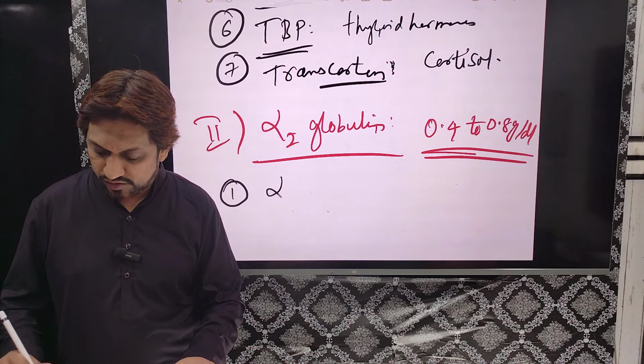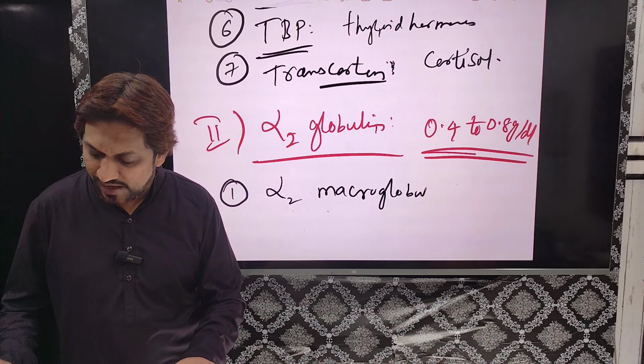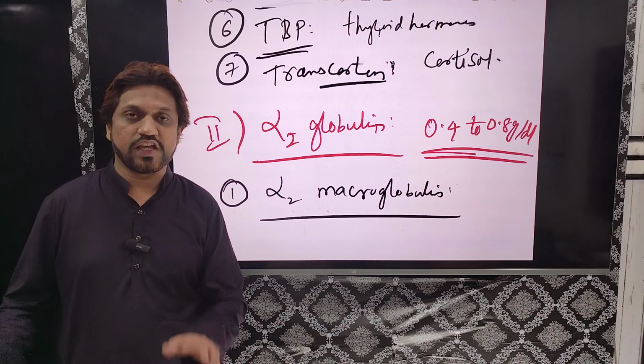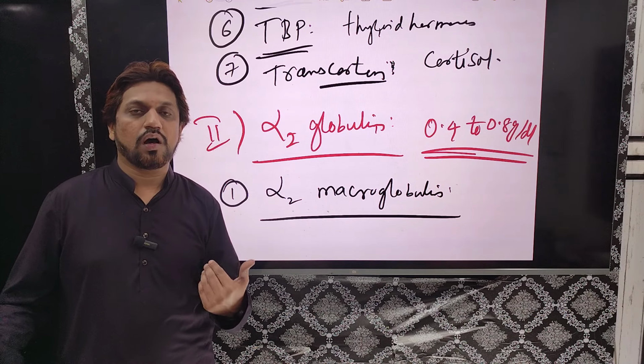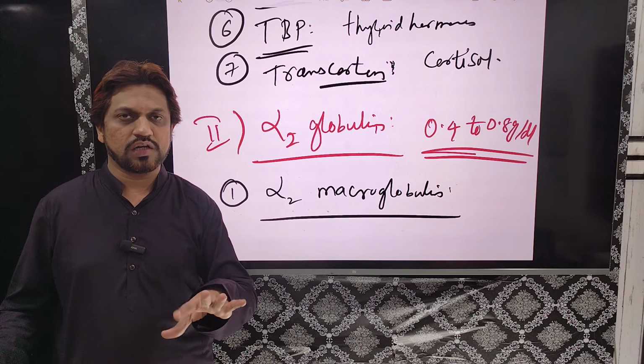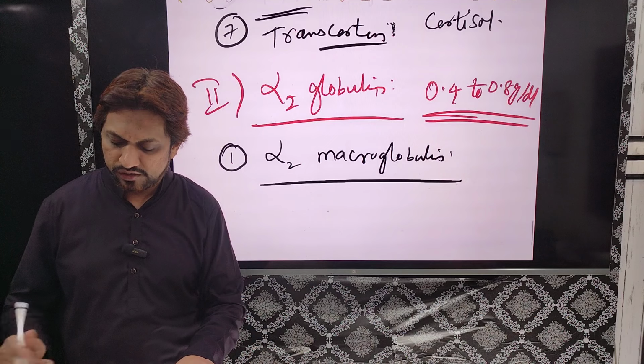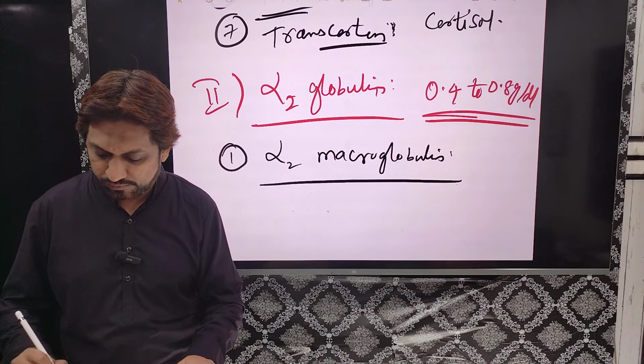The important one is alpha 2 macroglobulin. Again, it is an anti-protease, that is, it will inhibit the protease enzymes that help in breakdown of proteins. So ultimately, it will preserve the proteins by inhibiting the protease enzymes.